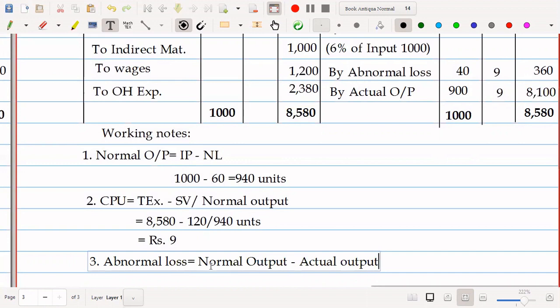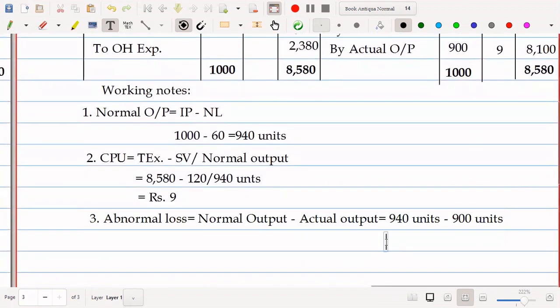That is 940 units minus 900 units. Okay, this comes to answer equal to 40 units.